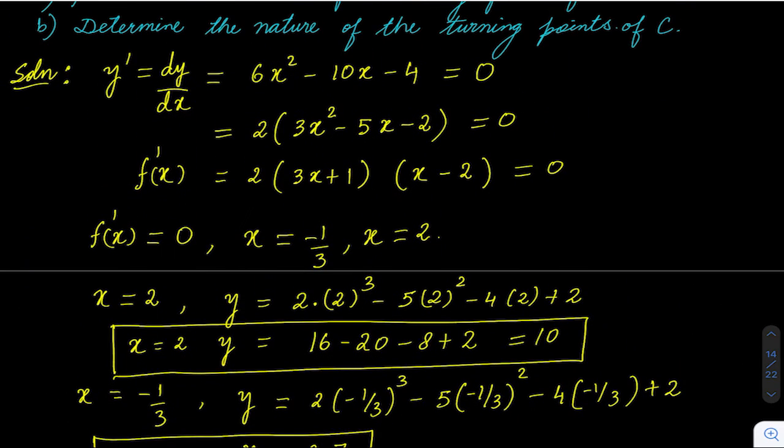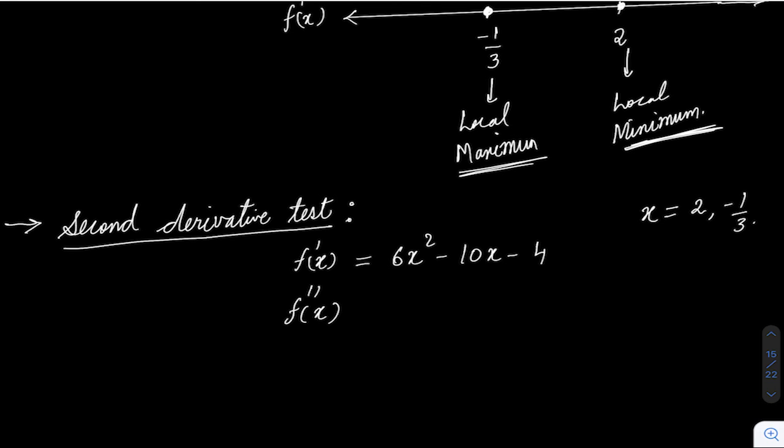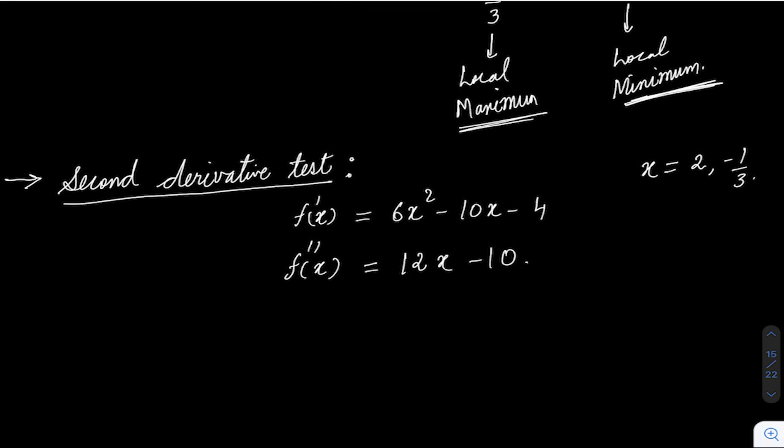So we have f dash x, that is 6x square minus 10x minus 4, and my stationary points were 2 and minus 1 over 3. We will differentiate this again, so we get f double dash x equal to 12x minus 10.